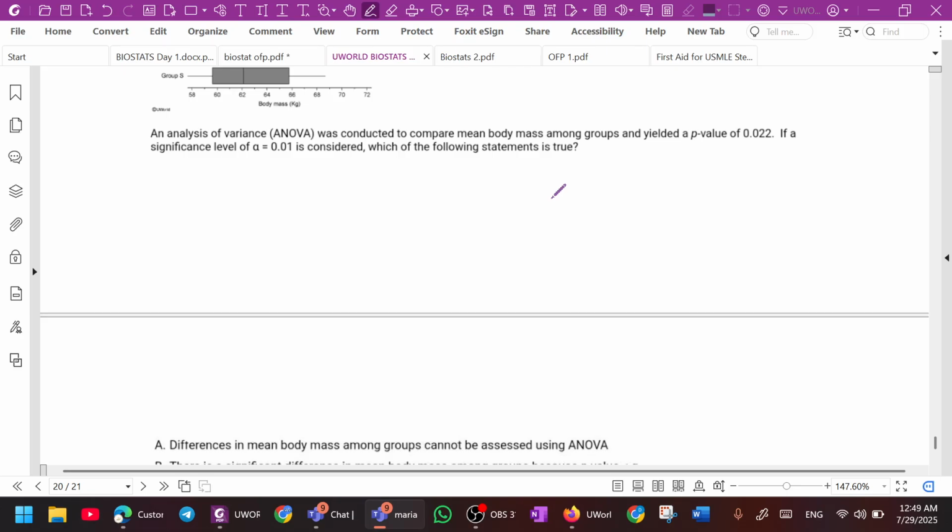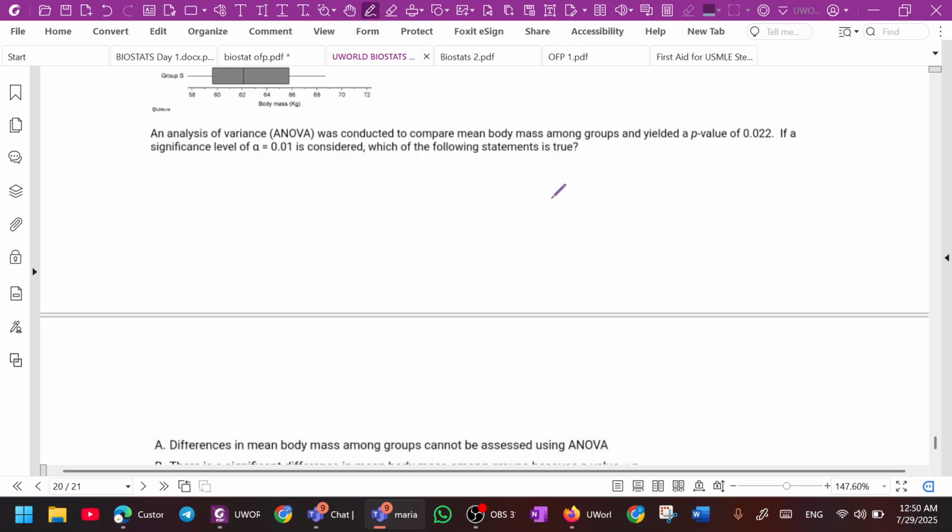Why? 0.02 is less than 0.05. Perfect. It's statistically significant because that p-value is less than 0.05. So perfect, you got that part.